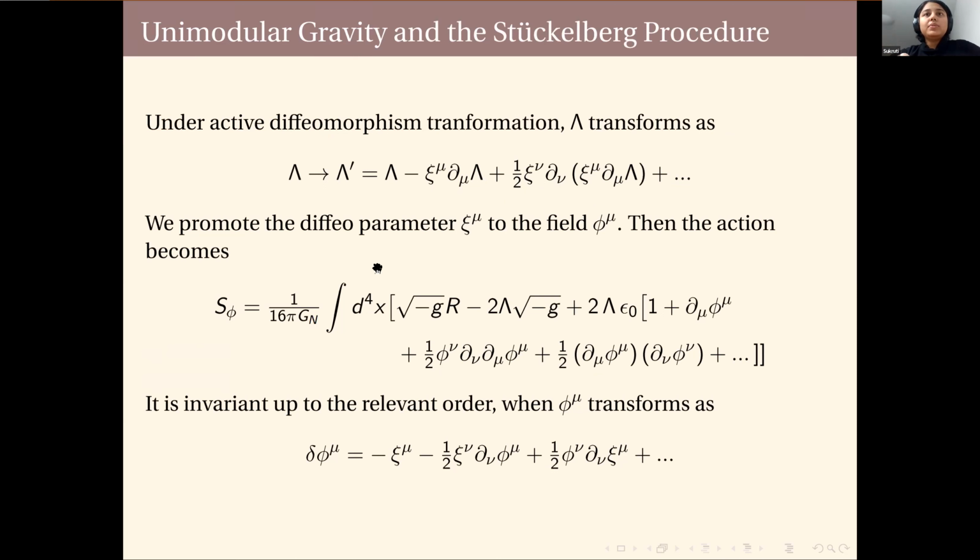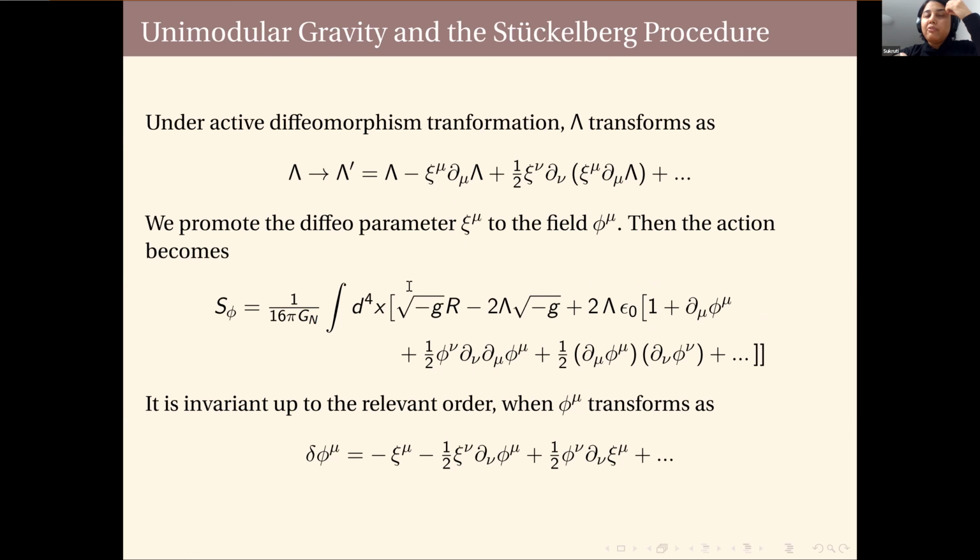So what we do is that we promote this diffeo parameter xi mu to a field phi mu, such that when you write this transformed lambda in the action, there are these derivatives acting on lambda, but using integration by parts we can take the derivatives from lambda over to the parameters, and then when we write those terms in the action and promote the parameter to the field, this is what the action looks like.